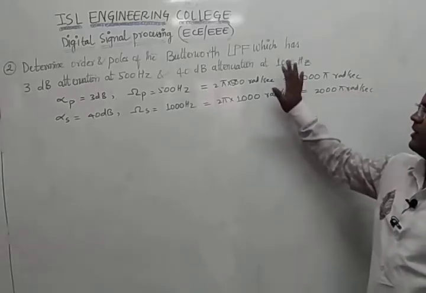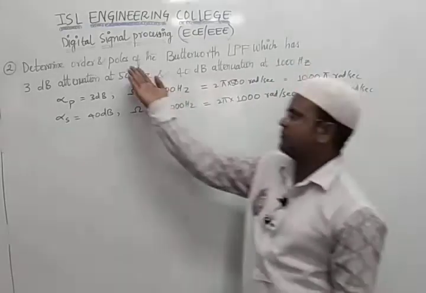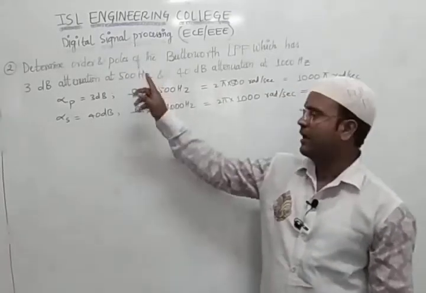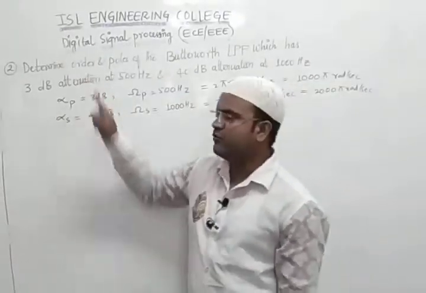So, we need to find out the order and poles also. When explaining the starting one, I explained about zeros and poles. That also we need to find out, and we need to find the order also.